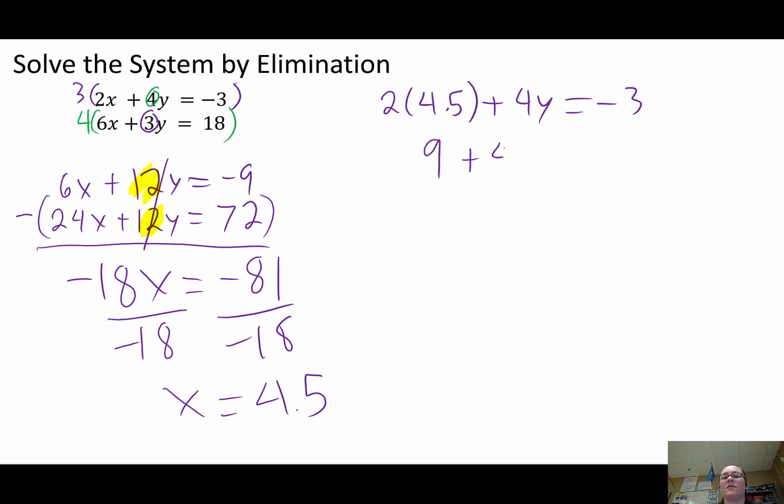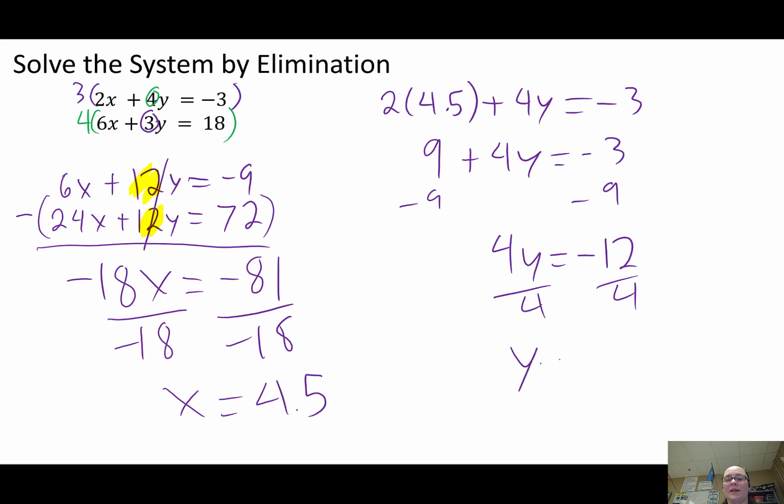So we get 9 plus 4y equals negative 3, minus 9 on both sides. We get 4y is equal to, well, negative 3 minus 9 gives me a negative 12. Dividing both sides by 4, I get y is equal to negative 3. So my solution for this is 4.5 and negative 3.